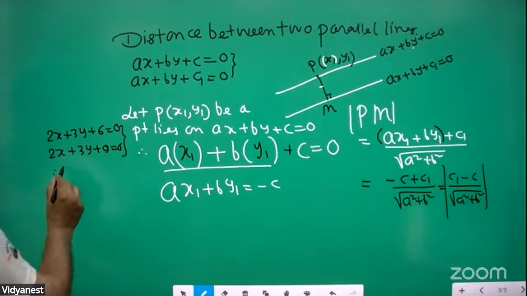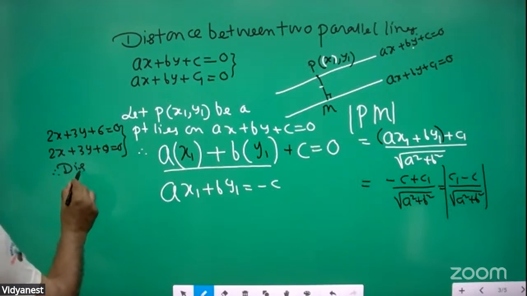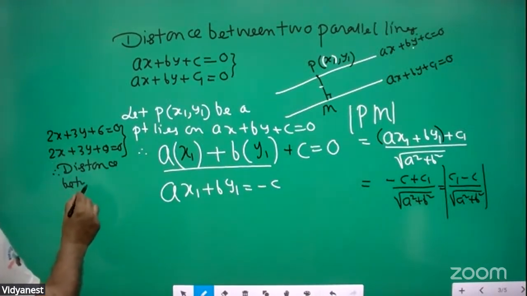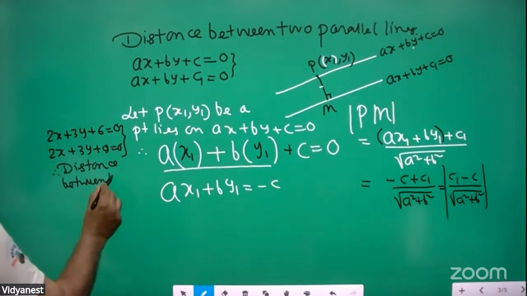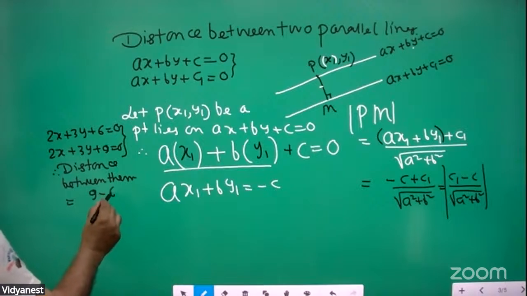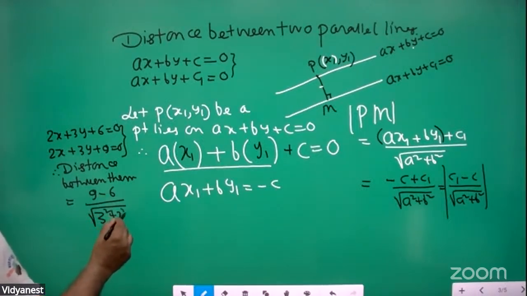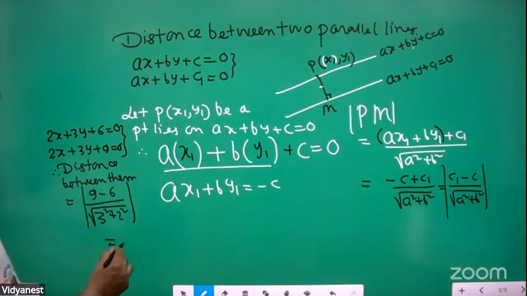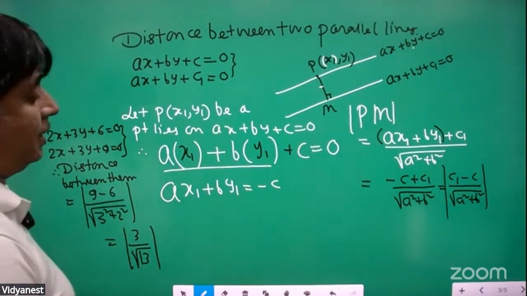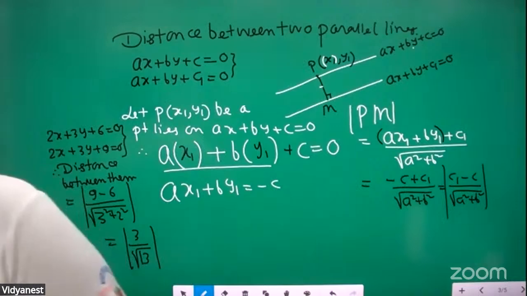So the distance between them is 9 minus 6 by root over of 3 square plus 2 square. Okay, so this is the distance between two parallel lines.